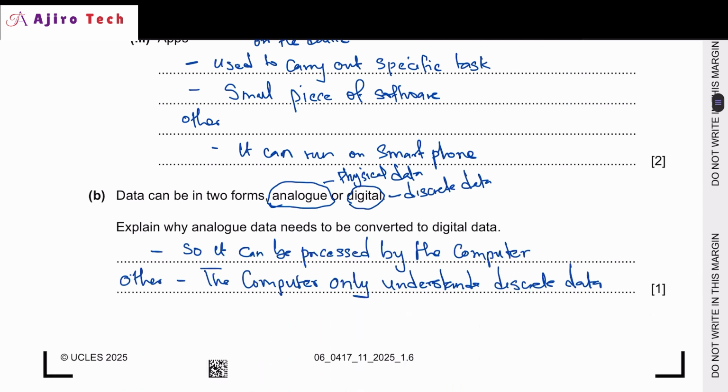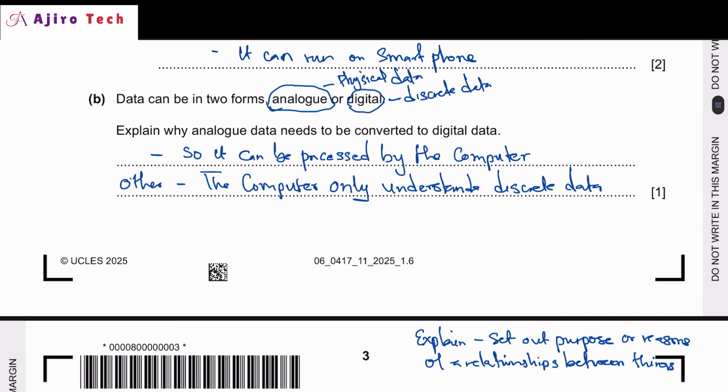Now look at this. This is also chapter 1, types and components of computer systems.